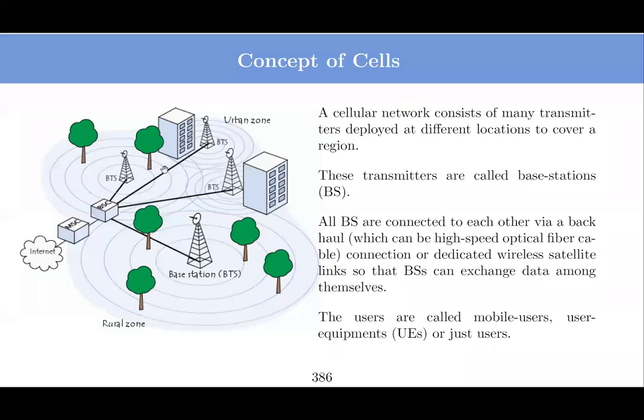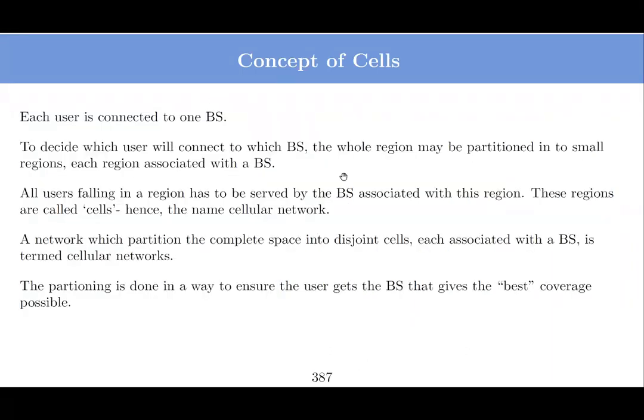Now, how does the user decide which base station to connect to? There are different criteria on which you can divide the space. The complete region will be partitioned into small regions, one region associated with one base station. If the user falls in a particular region, it has to connect to the base station associated with that region.